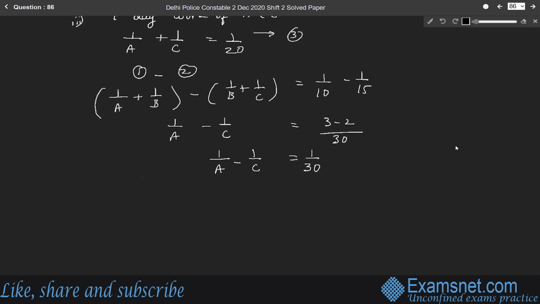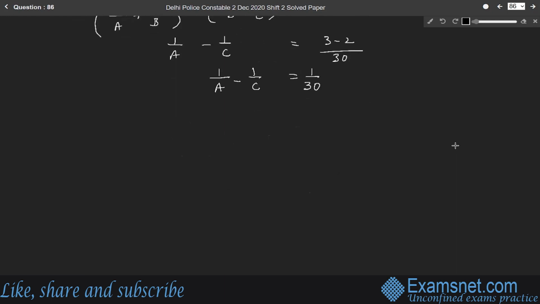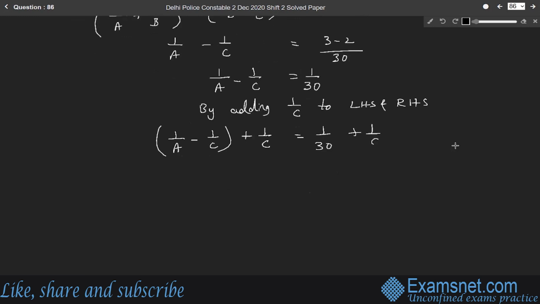Right. So let us add 1 by C to both LHS and RHS. So 1 by A minus 1 by C plus 1 by C is equal to 1 by 30 plus 1 by C. So let us take 1 by A plus 1 by C together.